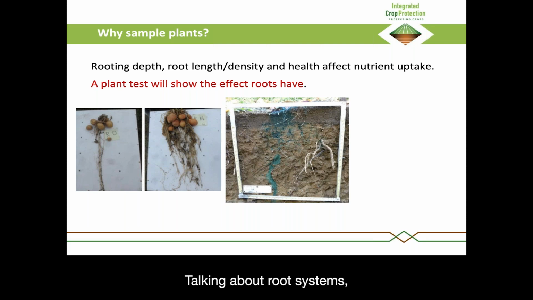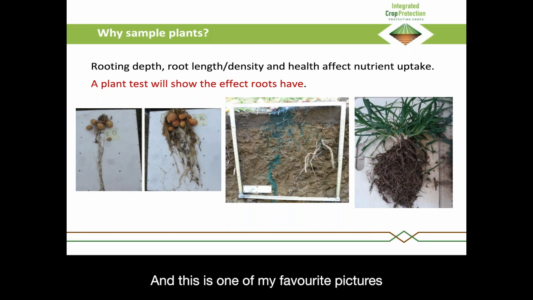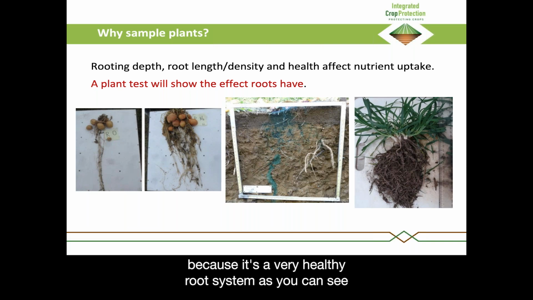Talking about root systems, you can see the potato crops there. The soil test would have been the same, or could have been the same. However, the root system for a range of reasons can be quite different. So I'm a great believer in looking at root systems. This is one of my favorite pictures because it's a very healthy root system, as you can see, with a very healthy rhizosphere.